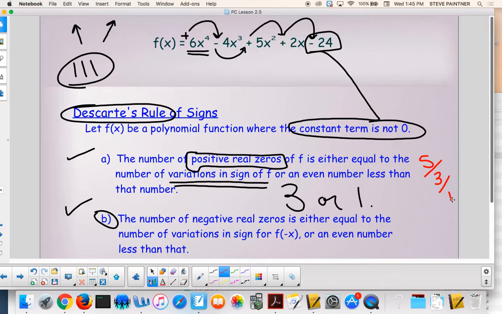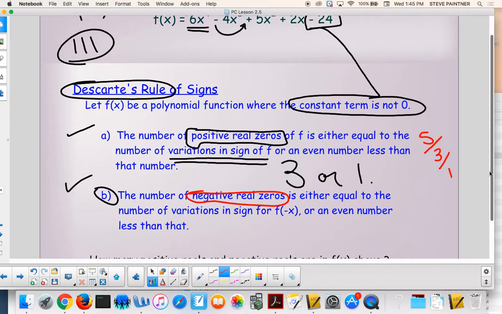Next. Well, if I have a rule for positive real zeros, I got to have a rule for what? How many negative real zeros could this polynomial have? This one you have to work at. I'll show you. This one says the number is either equal to the number of variations in the sign for what? If you want to know negative real zeros, you got to plug in f of negative x.